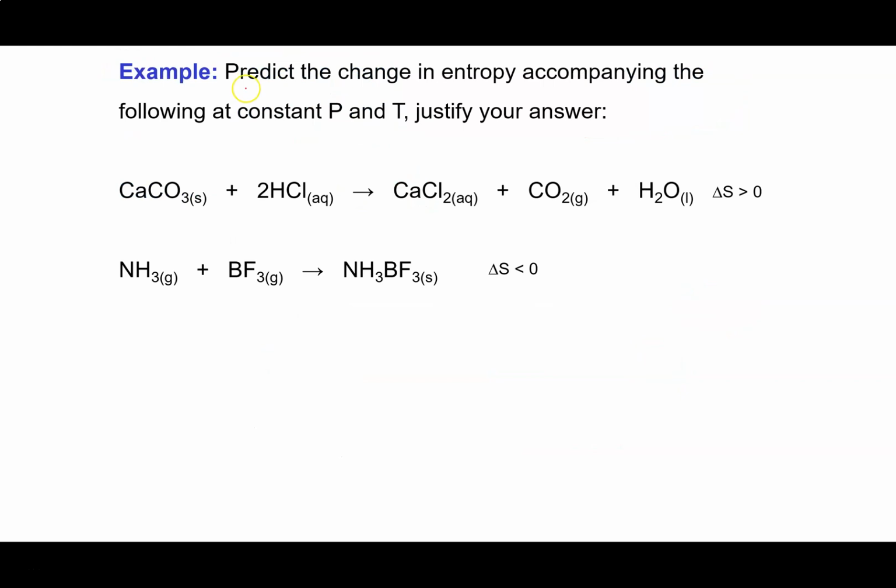So let's have a look at another couple of examples. These are at constant pressure and temperature. So what's happened here? I've got a solid reacting with an aqueous solution, and I've got 3 moles of stuff total.